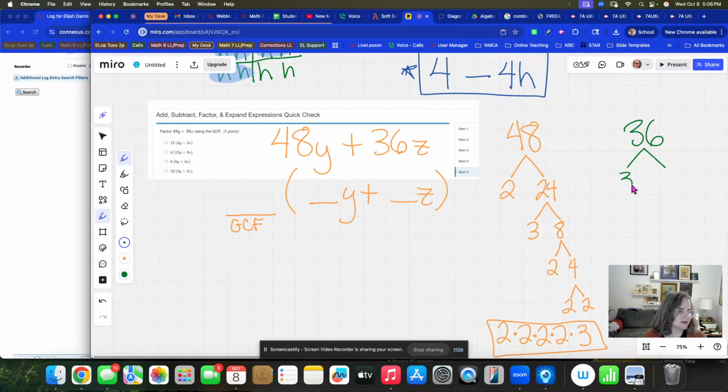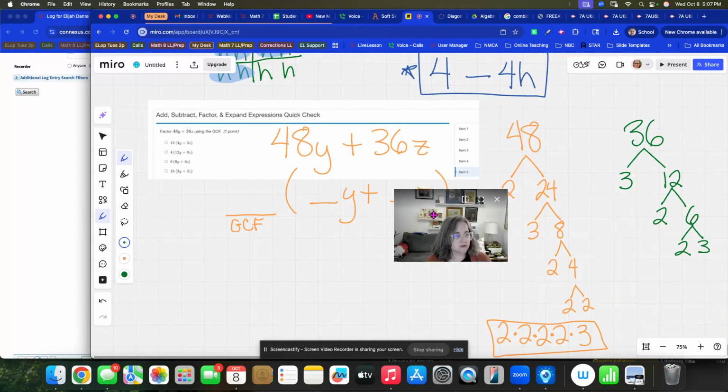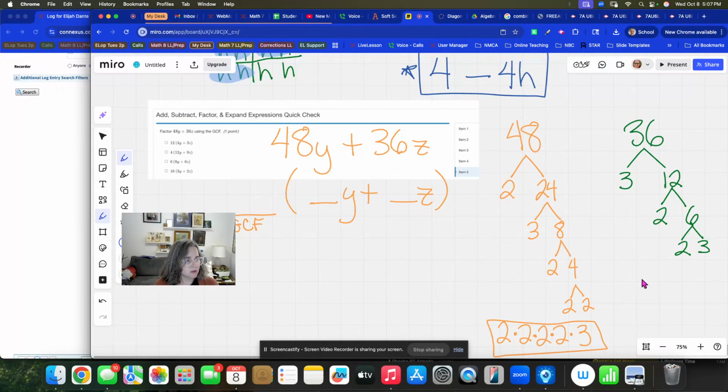Let's try that. 3 times 12. It doesn't matter which fact you start with. This one I know is 2 times 6. And 6 is 2 times 3. I know when to stop when the only thing that goes into the number is 1 or itself. Prime factorization is 2 times 2 times 3 times 3.